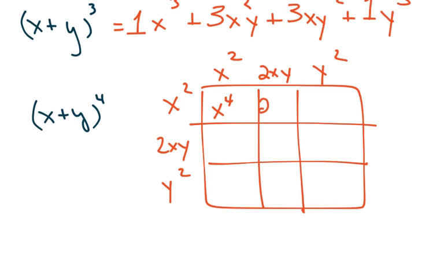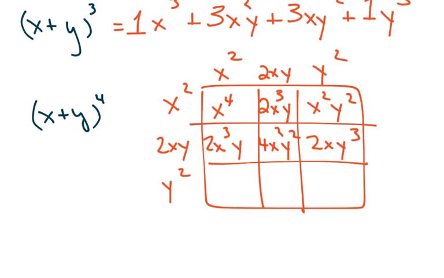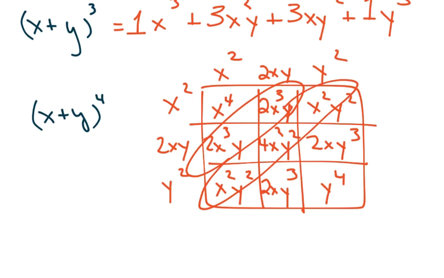X to the fourth, 2x cubed y, x squared y squared, 2x cubed y, 4x squared y squared, 2xy to the third, x squared y squared, 2xy to the third, and then y to the fourth. And then the like terms are on these diagonals.